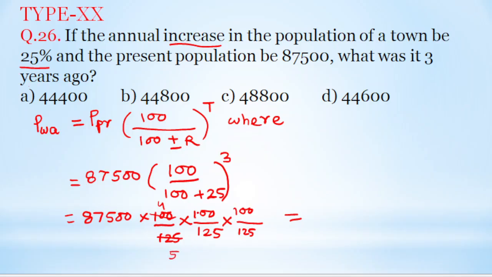So similarly we are getting here 4, and here we are getting 5.